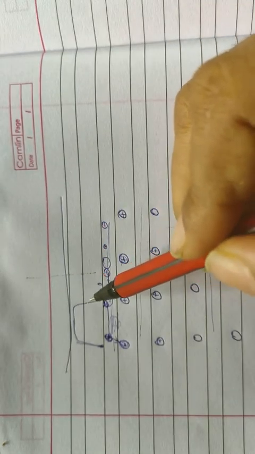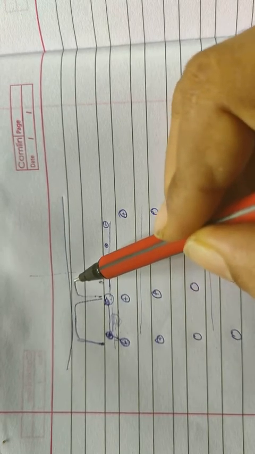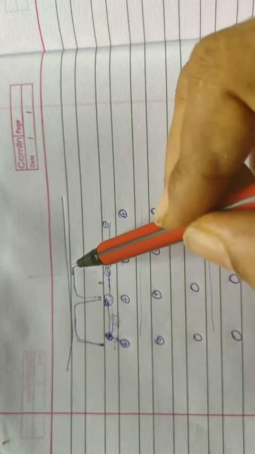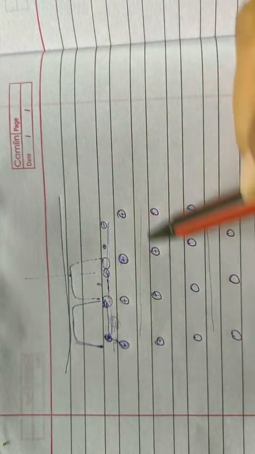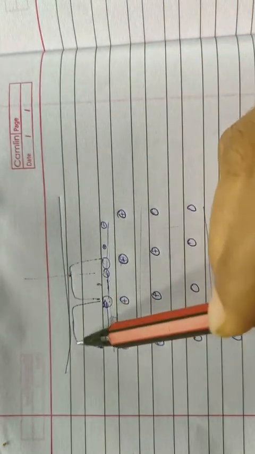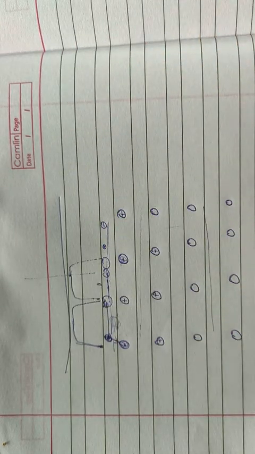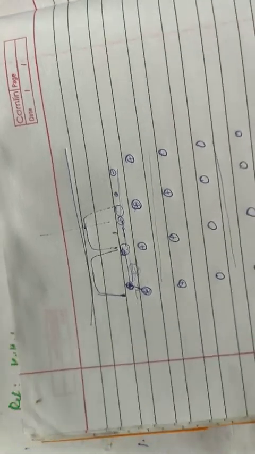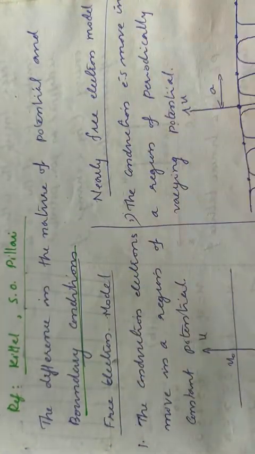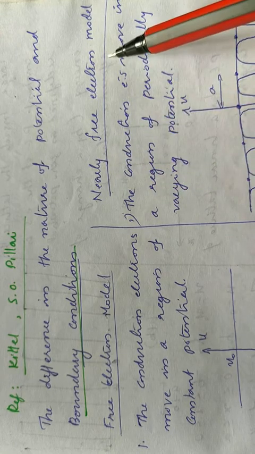Again it experiences zero potential between these two positive ion cores and a large negative potential here, and so on. So the potential experienced by the electrons moving in the crystal lattice is periodically varying. So the free electrons we are considering are not completely free but only nearly free electrons.